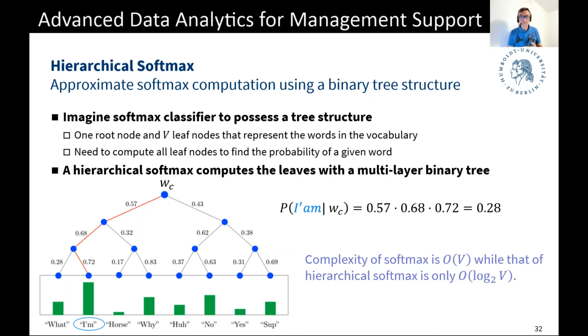What you need to know about the way this Huffman tree is organized is essentially that we have more frequent words in our vocabulary at higher levels of the tree, and less frequent words we put at lower levels of the tree. And there are ways to construct that Huffman tree, not really as a byproduct, but you do construct it when you construct your vocabulary. So it's nothing we really have to worry about so much.